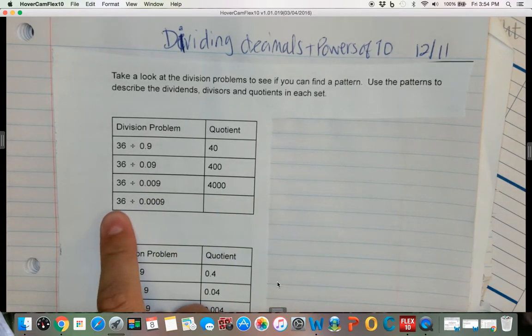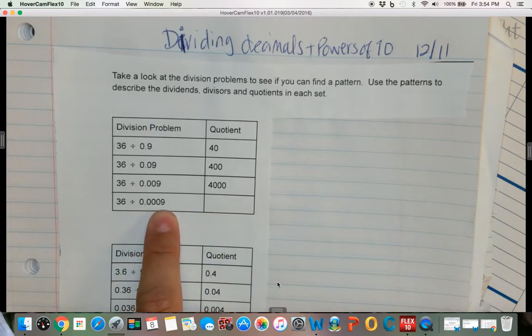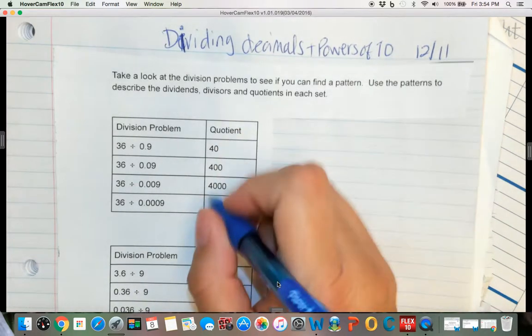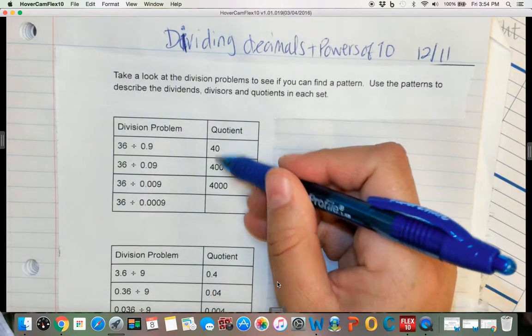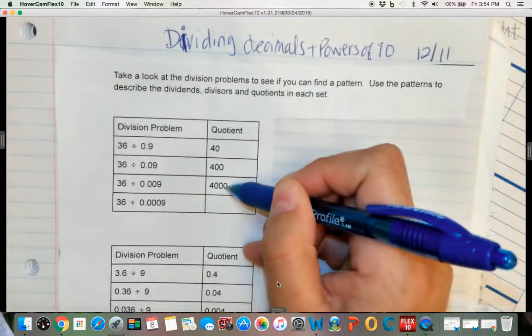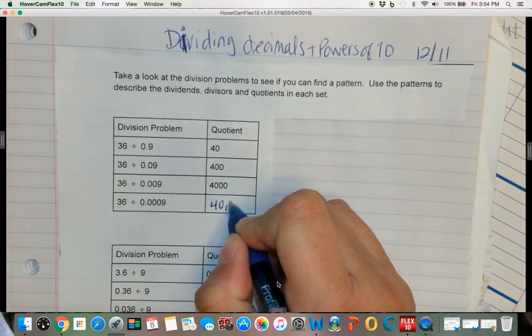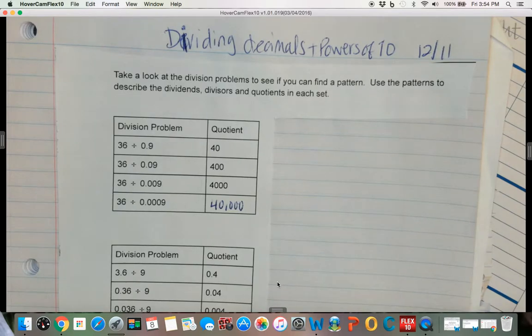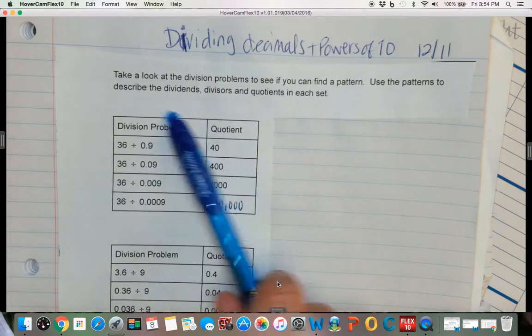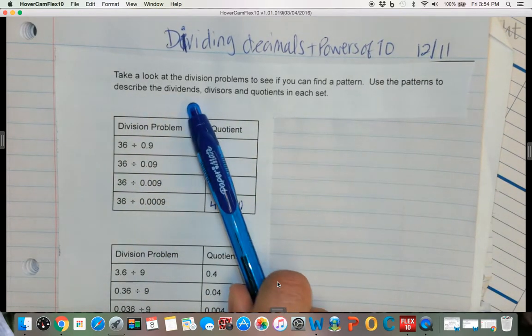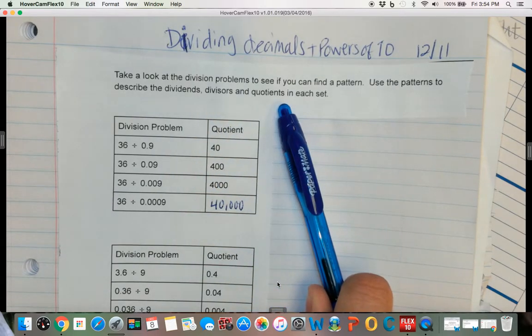And so what do you think we'll get if we divide 36 by a 10,000th? Hopefully you see a pattern: 40, 400, 4,000, 40,000. So we're going to use this pattern to describe the dividends, the divisors, and the quotient. Okay.